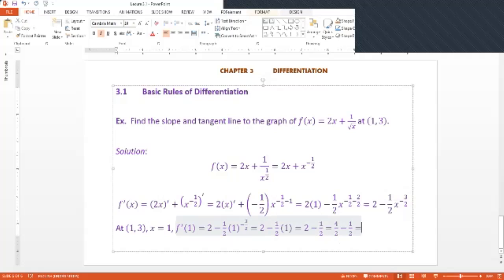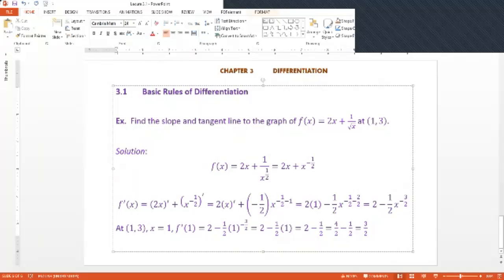So that will give us 4/2 minus 1/2. Then you can just subtract 4 and 1, we get 3 on the top, and we keep the denominator as it is. So that's the slope of the graph at 1, 3.